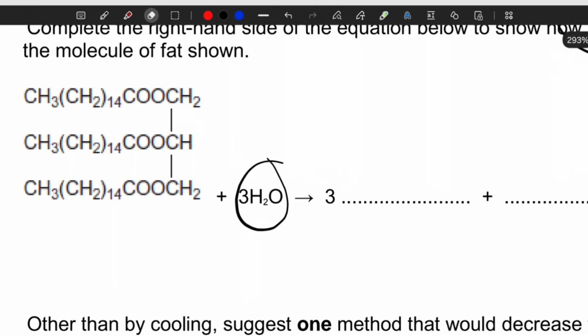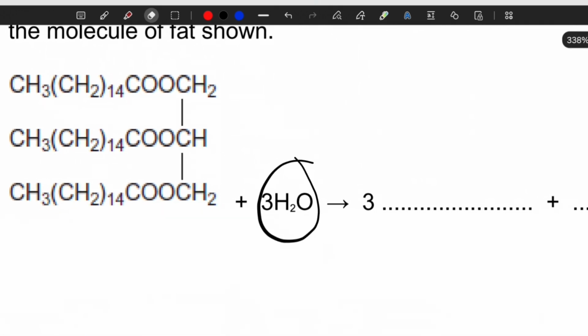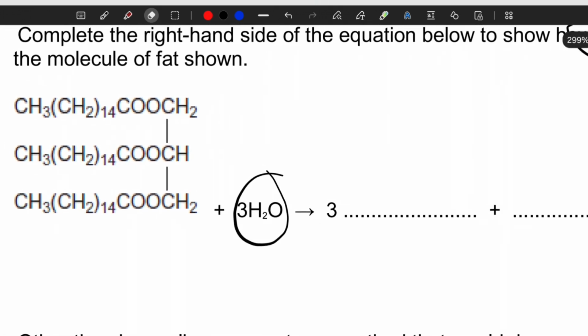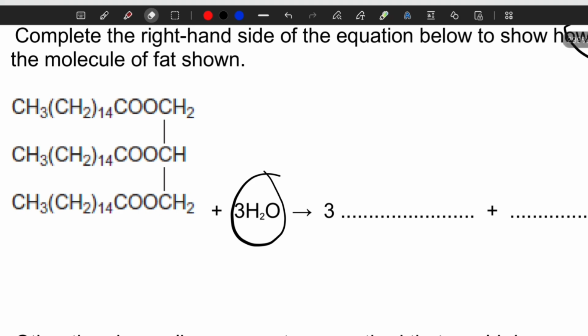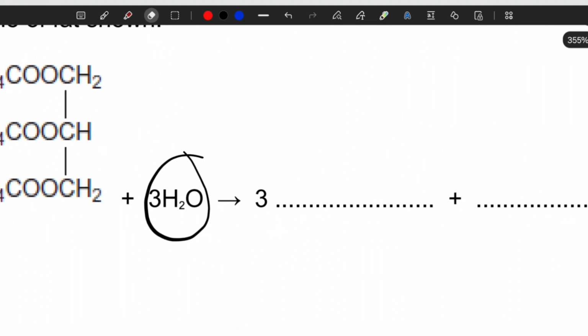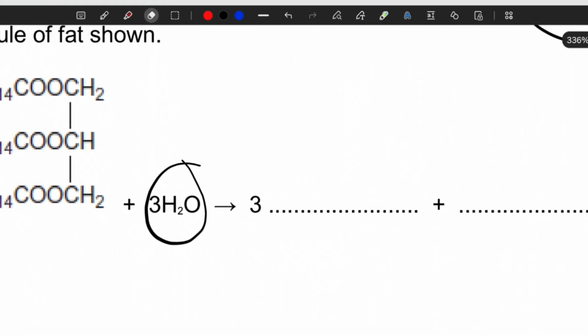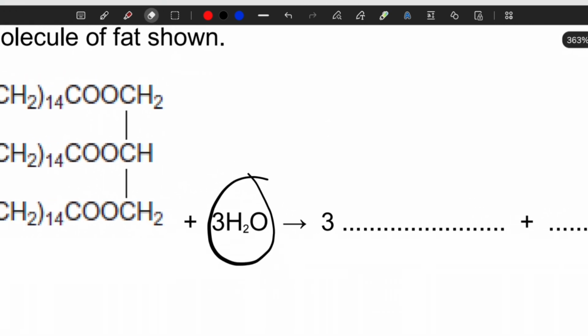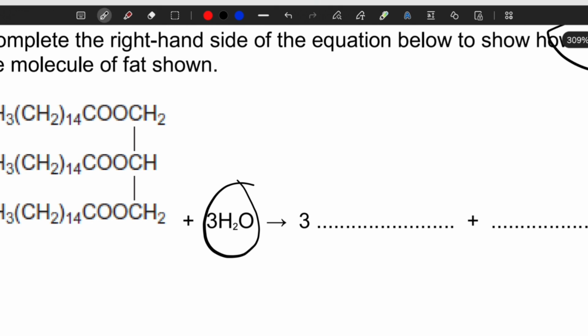So this means if it's acid hydrolysis, an ester and water which undergoes acid hydrolysis in the presence of an acid, a hydrogen ion, this means it creates a carboxylic acid and an alcohol. So the answer for this would be, hold on.